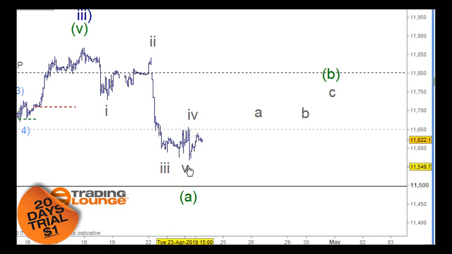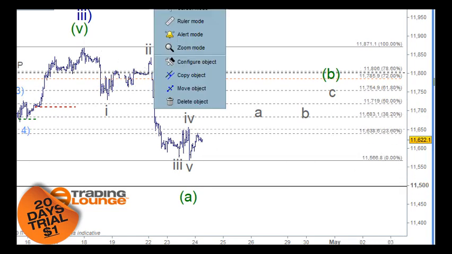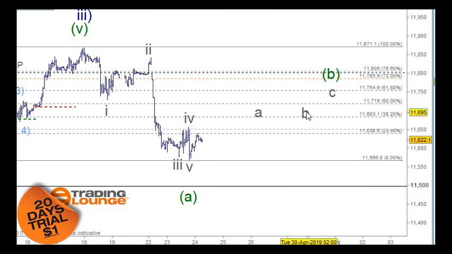So if that wave 5 is in play here, if that's how tight it's going to be, then we'll be looking for a move back up into this space here.